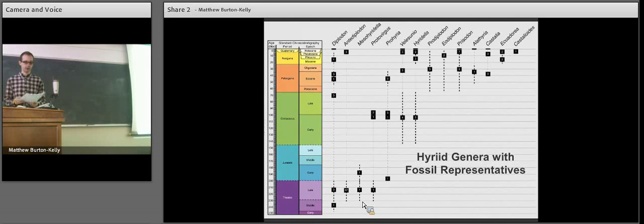If you look at the distribution of occurrences of a genus through time, you can see some fairly large temporal gaps between occurrences of fossil specimens to which names have been applied. And you can see that Diplodon over here on the left has this huge gap.